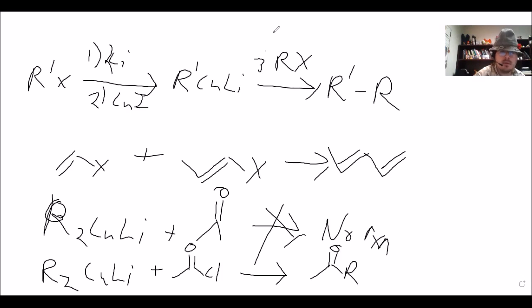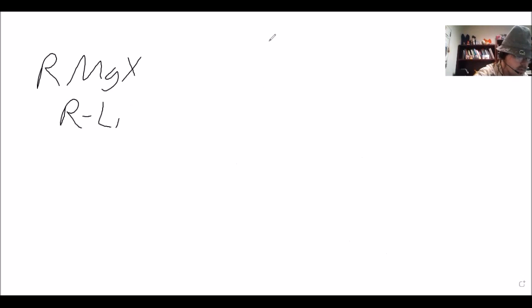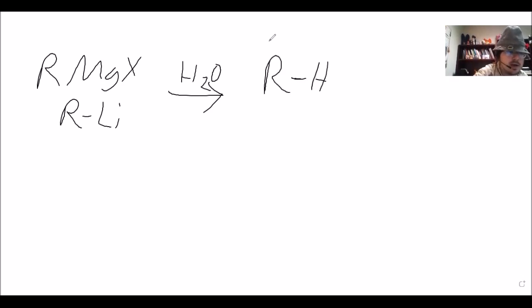Now, there are some side reactions of the Grignard we have to worry about. The Grignard or the organolithium, in the presence of water, is going to just fully reduce. It's going to form RH. We're going to neutralize our thing and form RH.